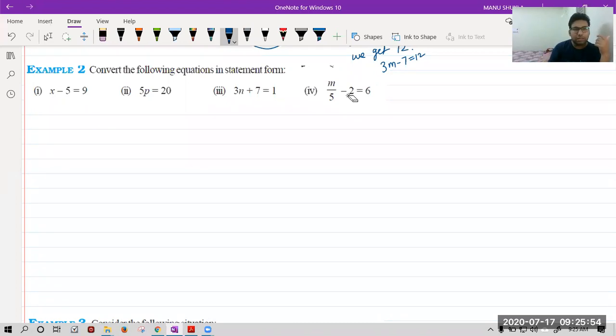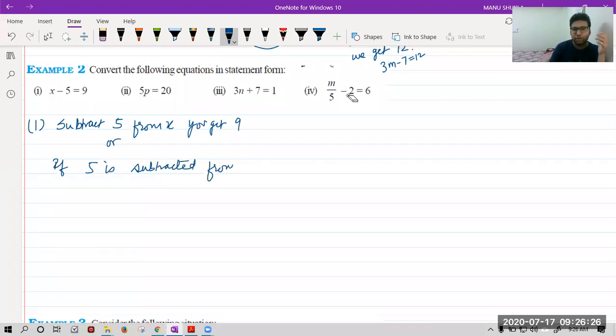Okay. Now start. The first part is saying x minus 5 is equal to 9. This is a mathematical statement. Hera, you are correct. 5 from x gives 9. You can write subtract 5 from x, you get 9. Or you can write, if 5 is subtracted from x, we get 9.